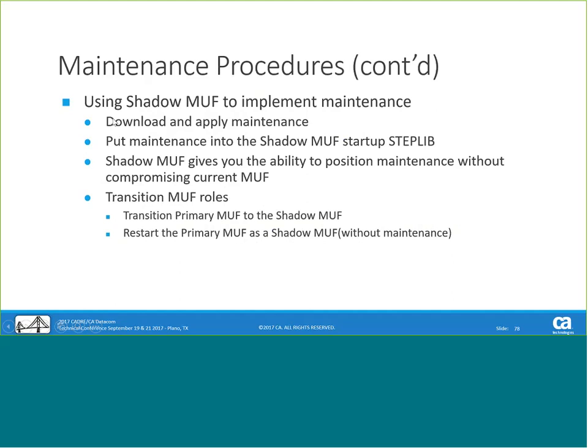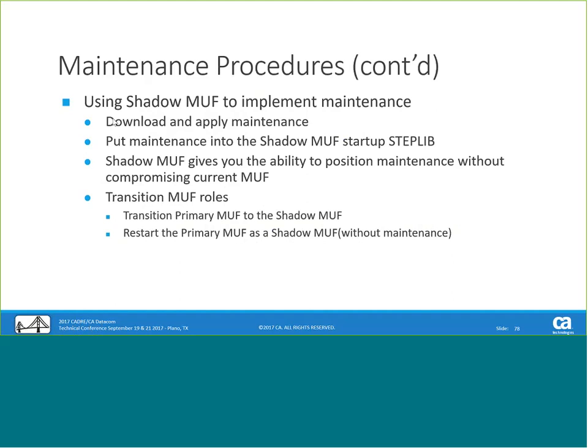Using Shadow MUF to implement maintenance is recommended, because of what it gives you the opportunity to do. If you run Shadow regressed one from the current, so for example, if you are currently running 14.0 and going to 15.1, and you upgrade to your 15.1 in your multi-user, either by active or by a traditional method, it doesn't matter.